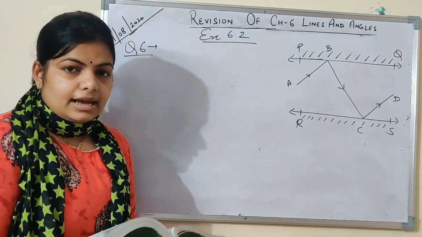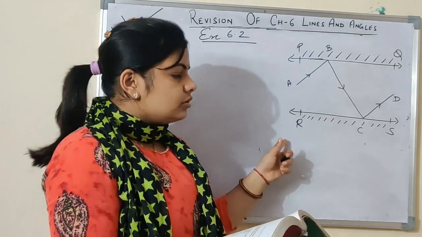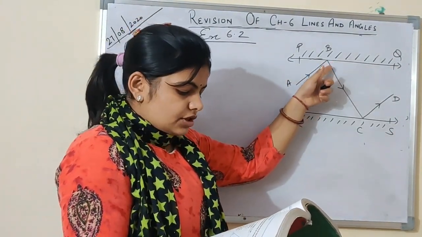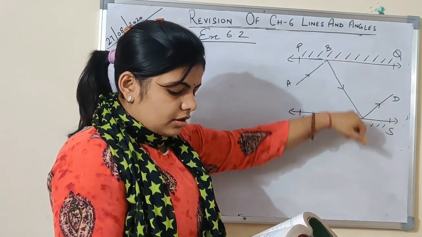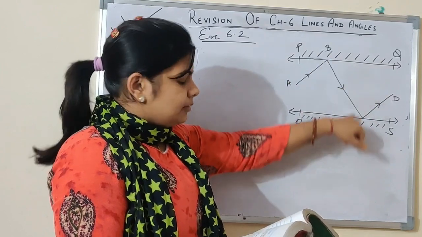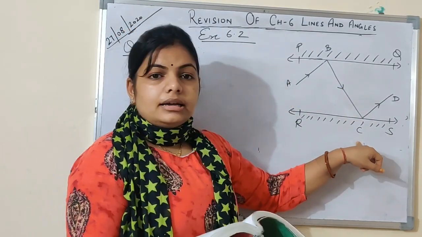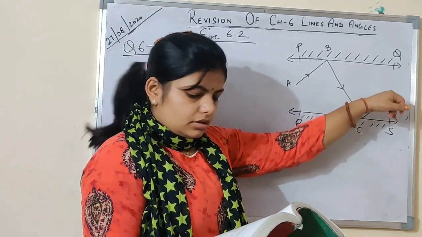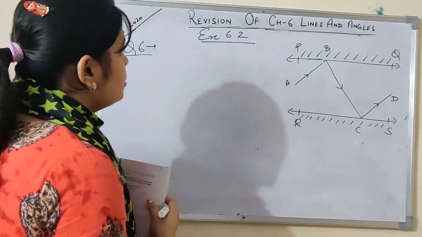The question says that PQ and RS are two mirrors placed parallel to each other. An incident ray AB strikes the mirror PQ at B. The reflected ray moves along the path BC and strikes the mirror RS at C. And again it reflects back along CD. Now we have to prove that AB is parallel to CD.